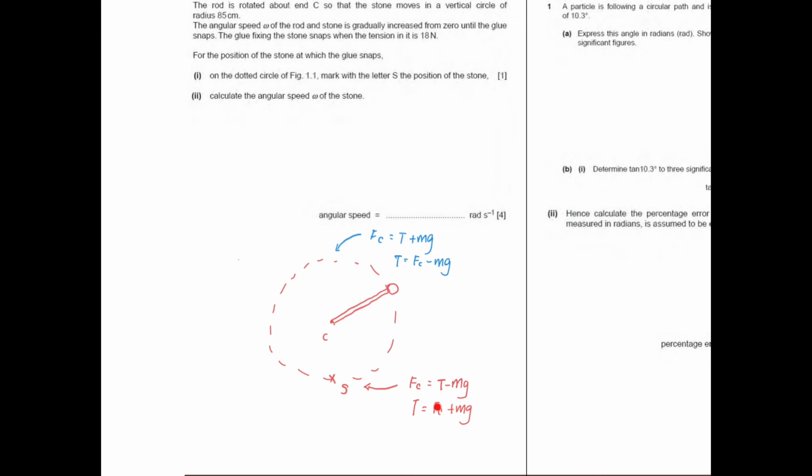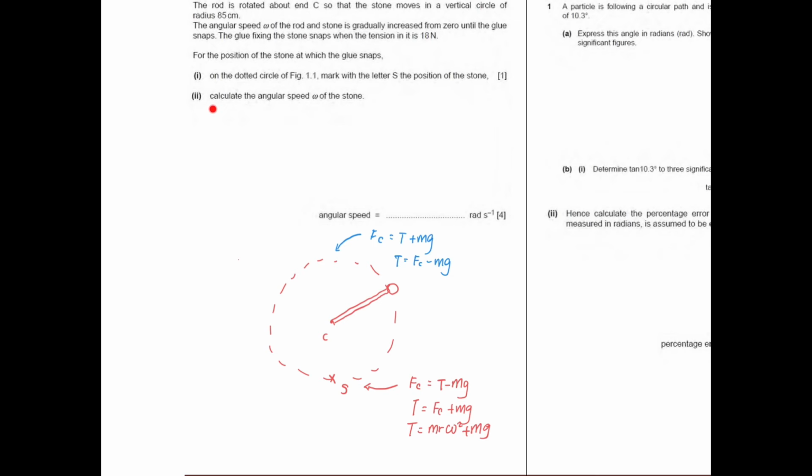Let me write one more equation: centripetal force is m r omega square plus mg. When omega increases, everything on the right will be greater and they will reach 18 Newton first. The lower position will reach 18 Newton first and hence snaps. So that's why we mark the bottom as S.